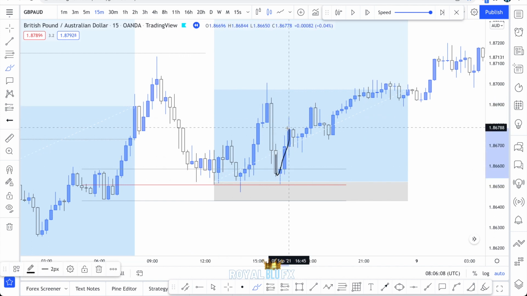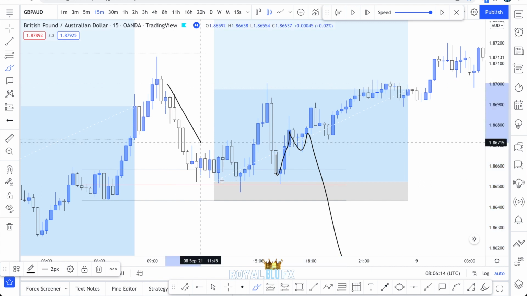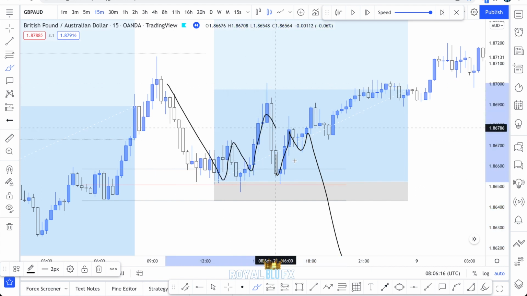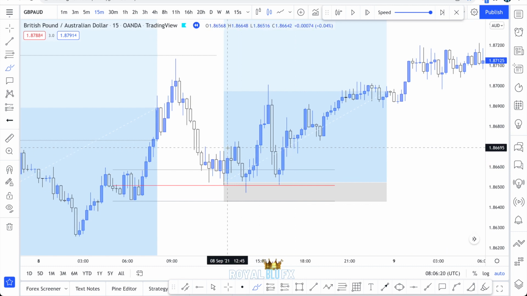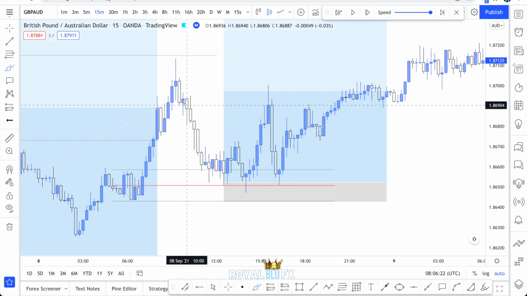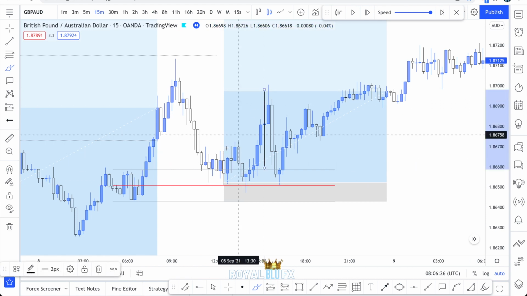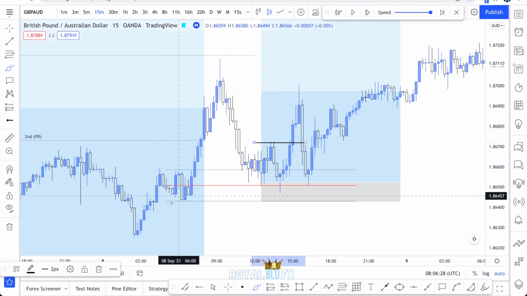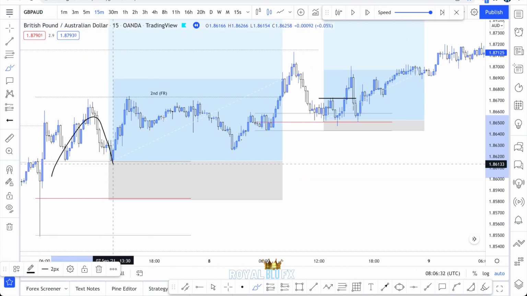We may want to be wary and careful that price can do something like this and then push to the downside again, only because there are impulsive movements happening. But the only way we can really get some good confirmation that the impulsive movement isn't pushing down anymore is when another impulsive move happens to the upside, because we are following the trend.